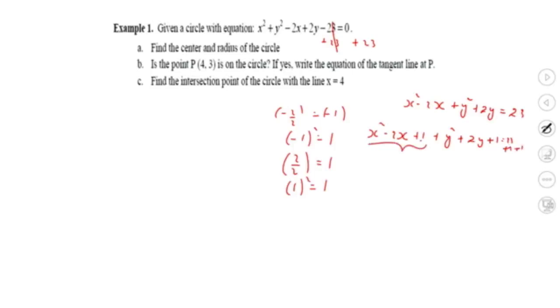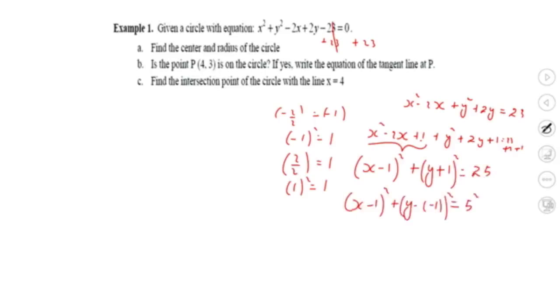If we use the standard form of the equation of a circle, this becomes (x minus 1) the whole squared plus (y plus 1) the whole squared. Then let me simplify the number on the other side. 23 plus 1 plus 1 gives you 25. So again, we may rewrite this as (x minus 1) the whole squared plus (y minus negative 1) the whole squared equals 5 squared.